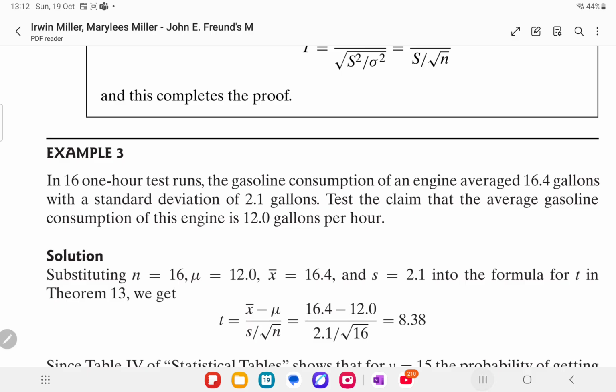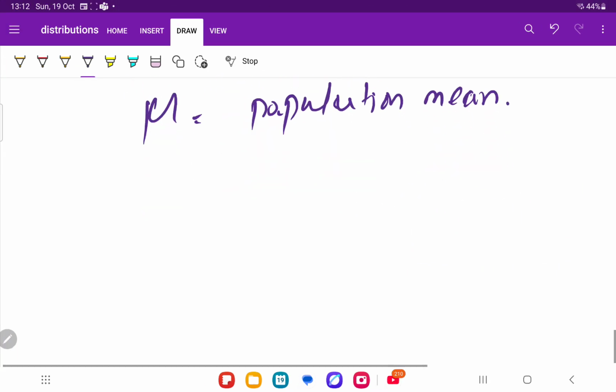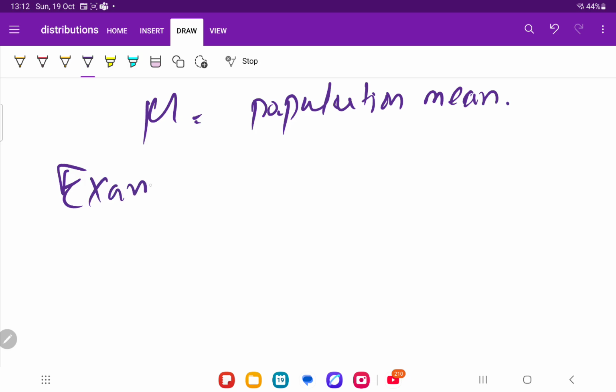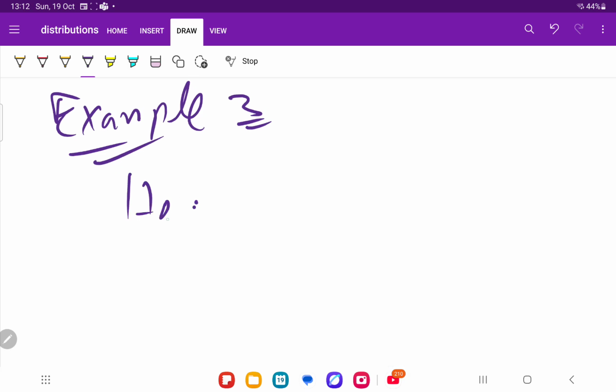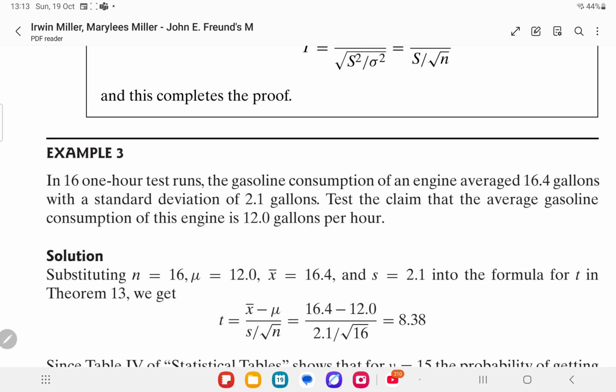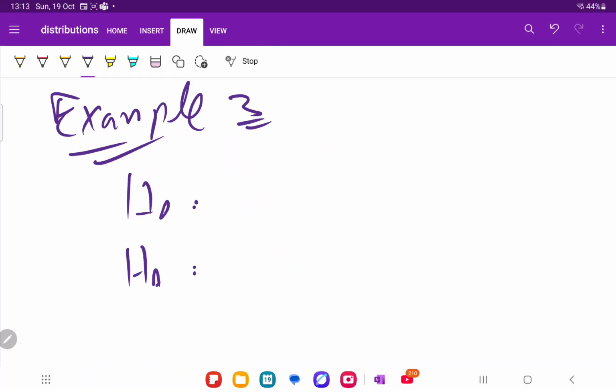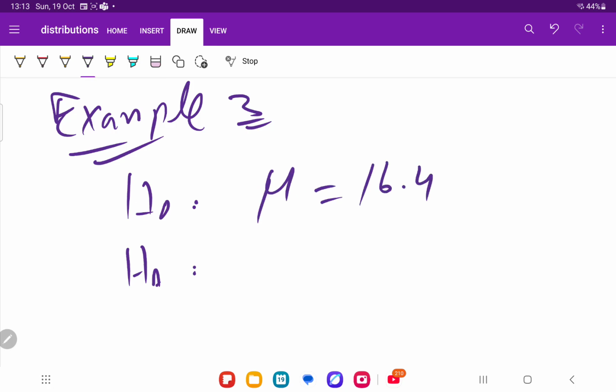Okay. So first of all, in this problem, example number 3, we would write null and alternative, and null is basically 16.4 gallons, average equal to 16.4 gallons, and the alternative is not equal to 16.4.